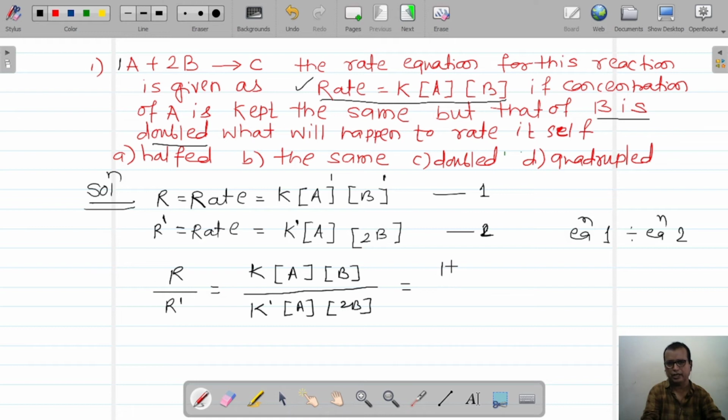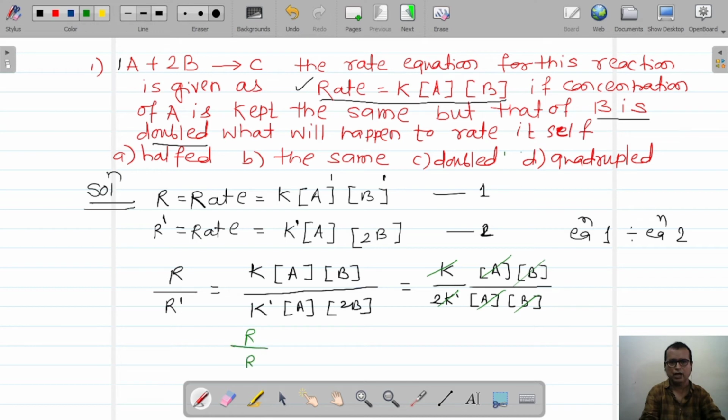It means K divided by 2K dash into concentration of A into concentration of B, and on the upper side concentration of A into concentration of B. These concentrations of A and B get cancelled. This 2 is multiplied with respect to K dash. K and K dash are both constants. Constants get cancelled.